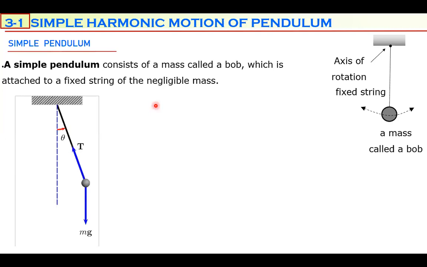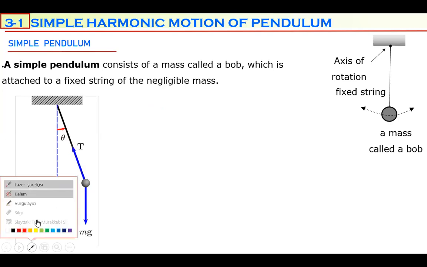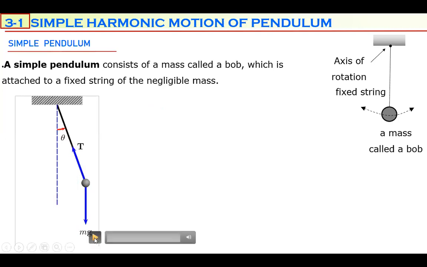And as it's swinging back and forth, two forces act on the pendulum's bob. One force is the tension force in the string. The second one is the gravitational force. But these forces are continuously changing direction. Look here. The gravitational force is always down, but tension changes direction according to the position of the string.